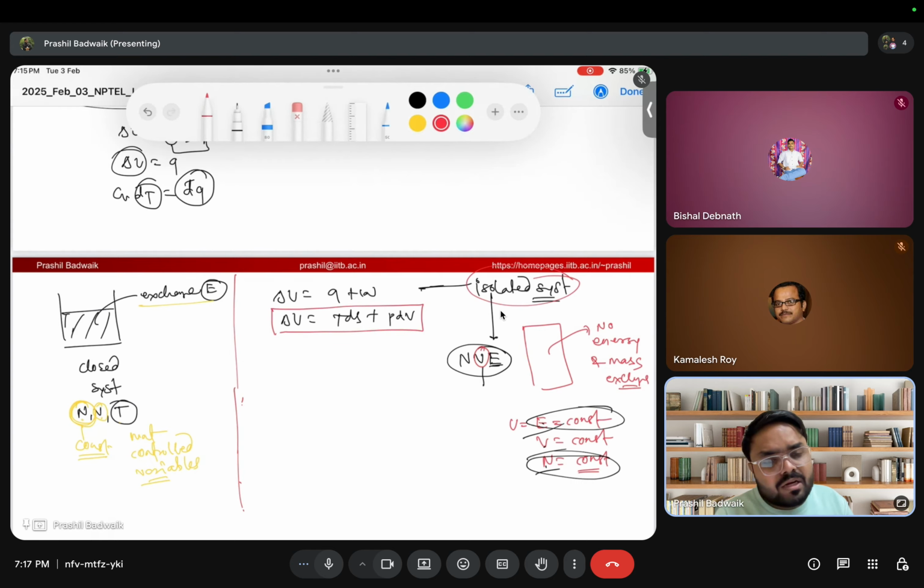What are the controlled variables here? U is my controlled variable, v is my controlled variable, and n is my controlled variable, right? That means the number of particles is not changing, volume is not changing, energy is not changing.